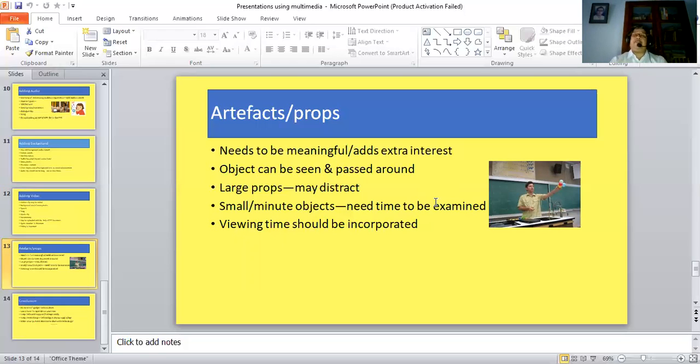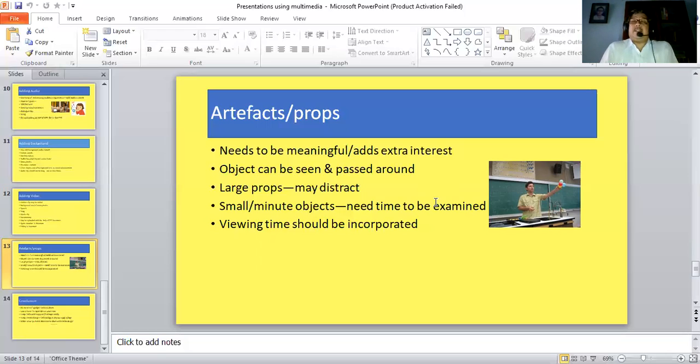Again, if the props are too large, then they may distract you from the actual presentation, but various kinds of objects which are associated with the contents of our presentation can be used. Obviously it has to be functional and appropriate. The appropriacy has to be there.